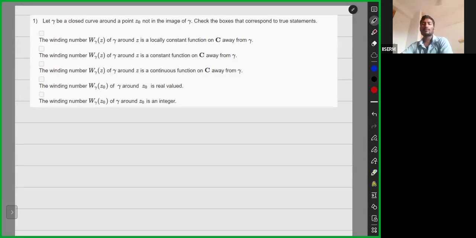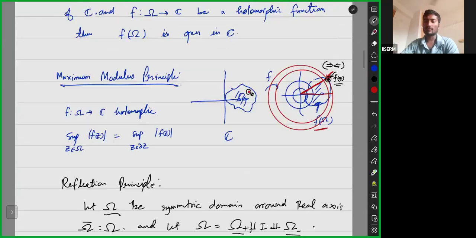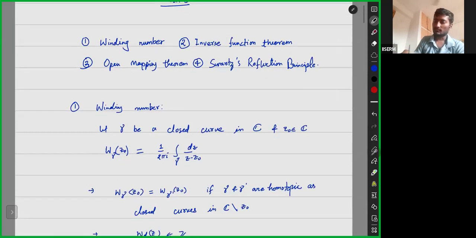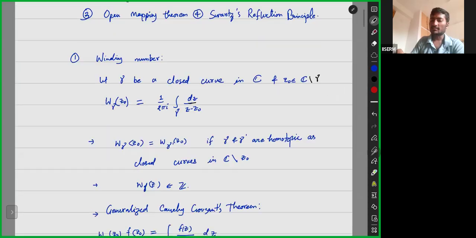Let gamma be a closed curve around a point z naught, not in the image of gamma. So here, of course, z naught belongs to C minus gamma. The winding number is defined this way.